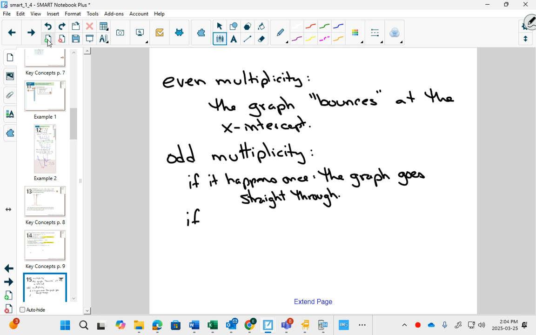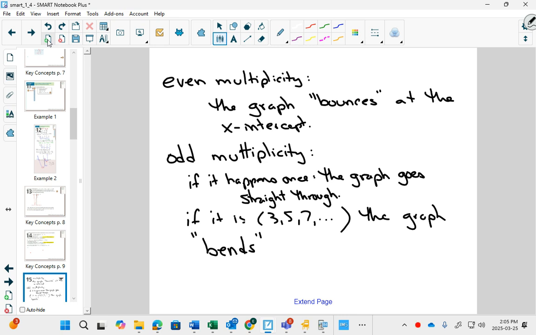But any other odd number, like if you have an exponent of 3, exponent of 5, exponent of 7, if the same x-intercept happens 3 times, 5 times, 7 times, again, these are not mathematical words.